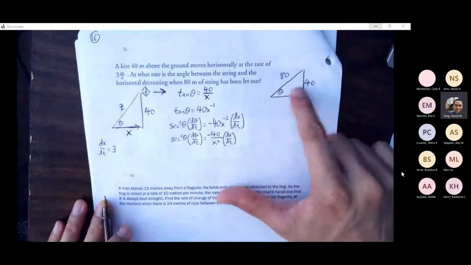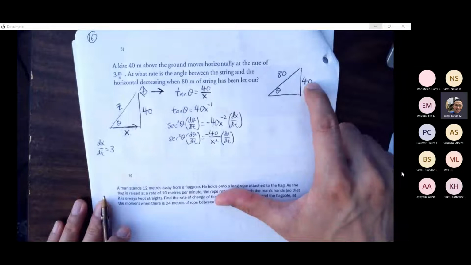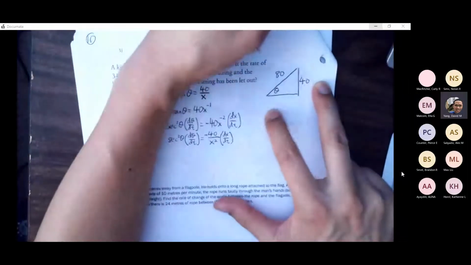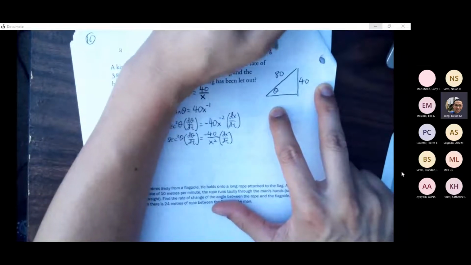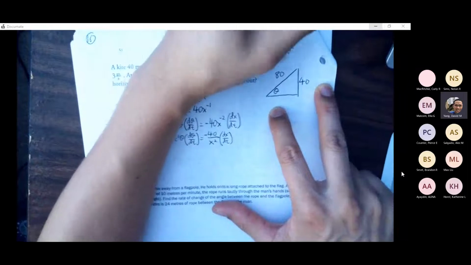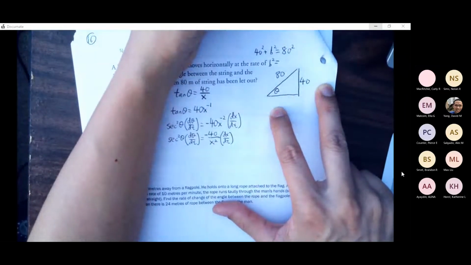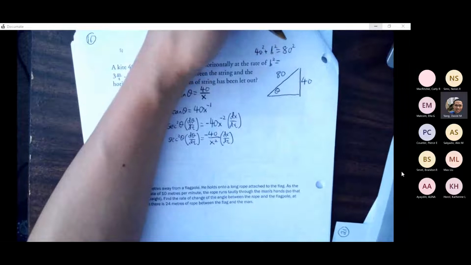Pythagorean theorem, and also you can recognize this as a special right triangle. This is basically a 30-60-90 triangle, but we can work this out: 40 squared plus b squared equals 80 squared. So 80 squared minus 40 squared.